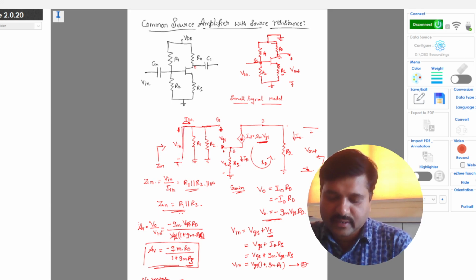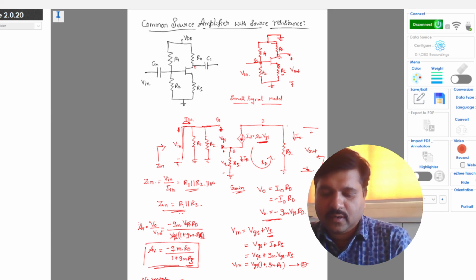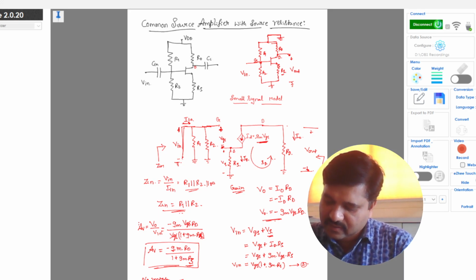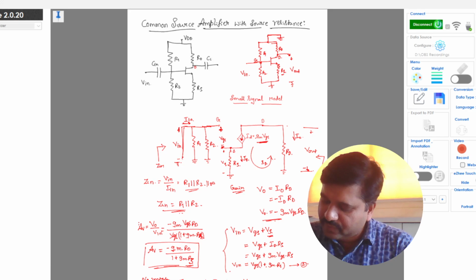When we short the input voltage, R1 and R2 will get neglected because of it becoming 0, and VGS also will be equal to 0. Consider the same V in, second equation. By equation 2 we have V in is equal to VGS into 1 plus GM into RS. So here V in is 0, equal to VGS into 1 plus GM into RS.